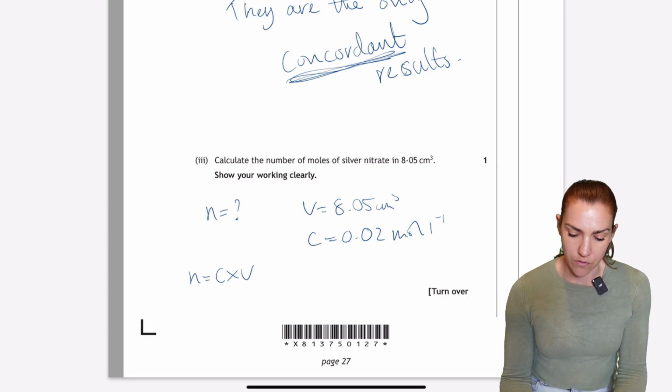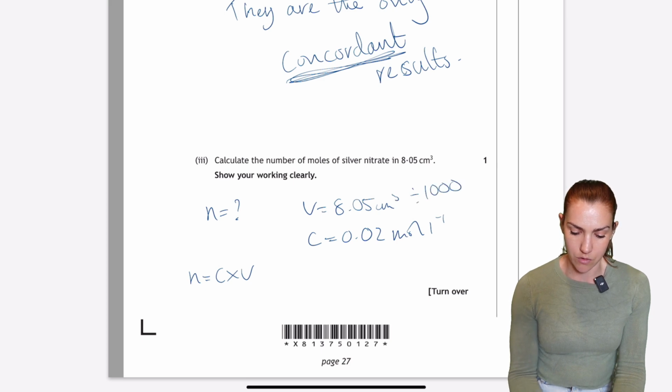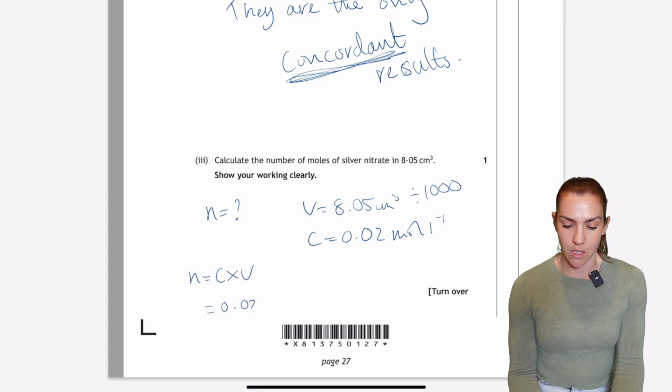Just don't forget to change your volume into litres, so you need to divide that by 1,000. So the concentration stays as 0.02. The volume becomes 0.00805.